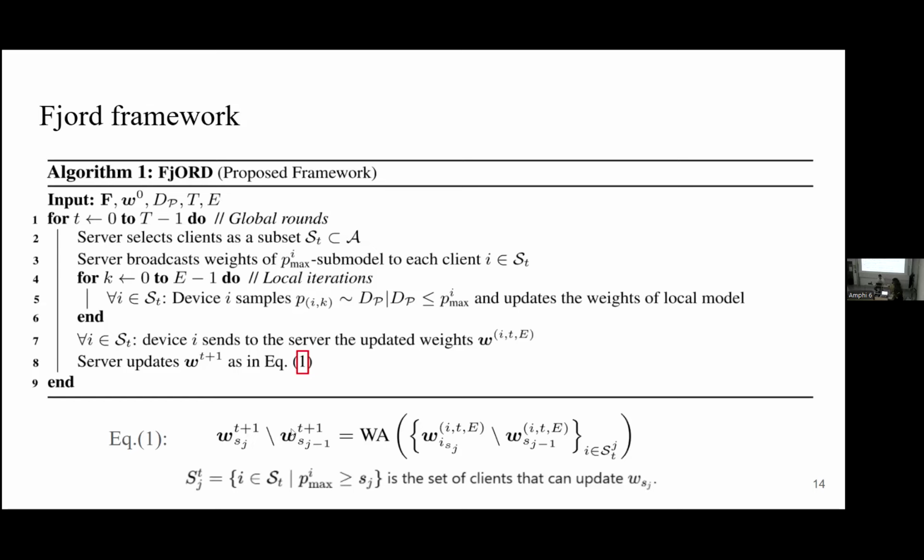For the aggregation, when we send back the weights, because we have this heterogeneity, we have different matrices of different sizes. We're talking inside one layer.